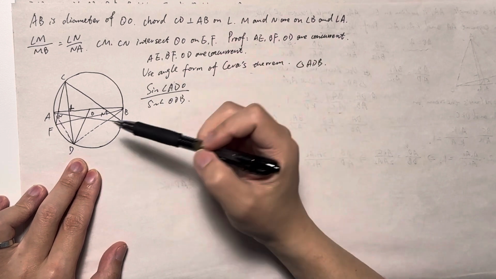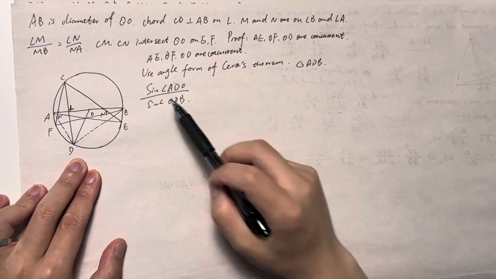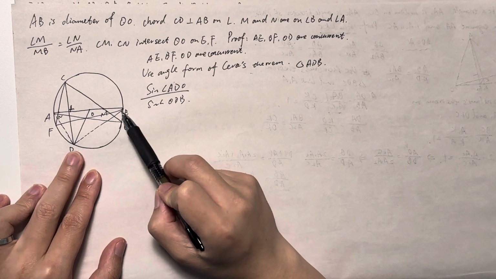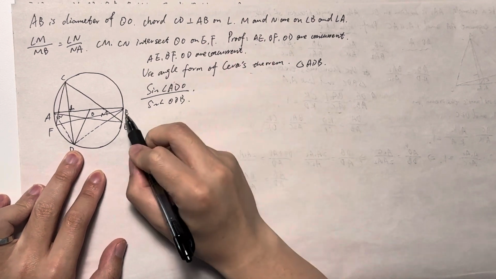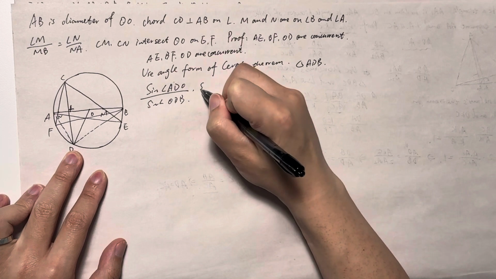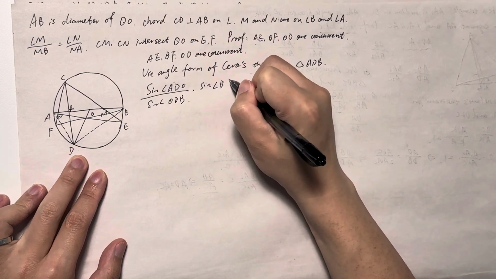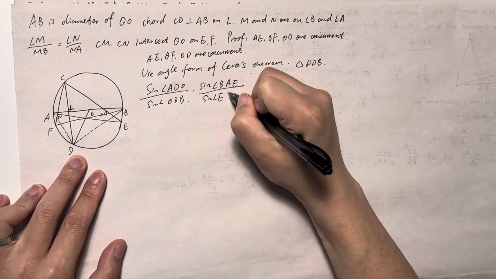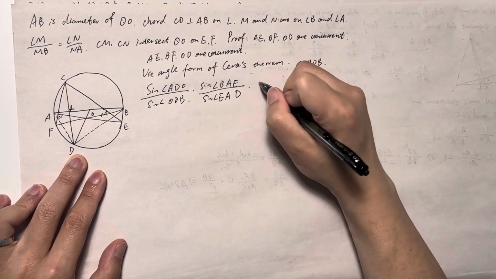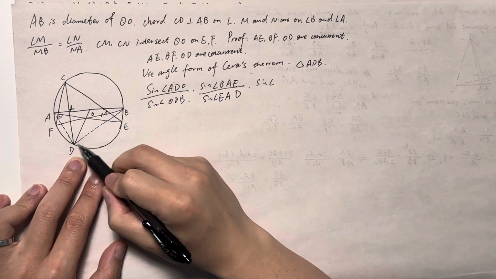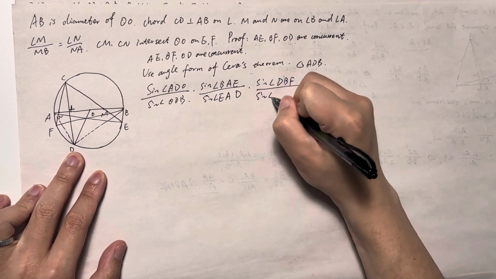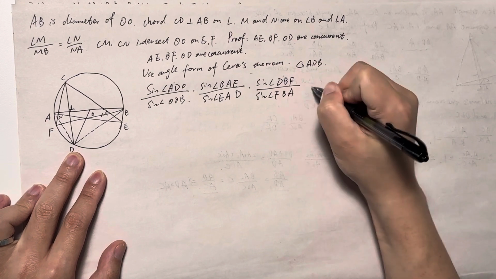We want to use the angle form, that's sine ADO to sine ODB times, because we start from point B, sine angle BAE to sine angle EAD times sine angle DBF to sine angle FBA equals 1.